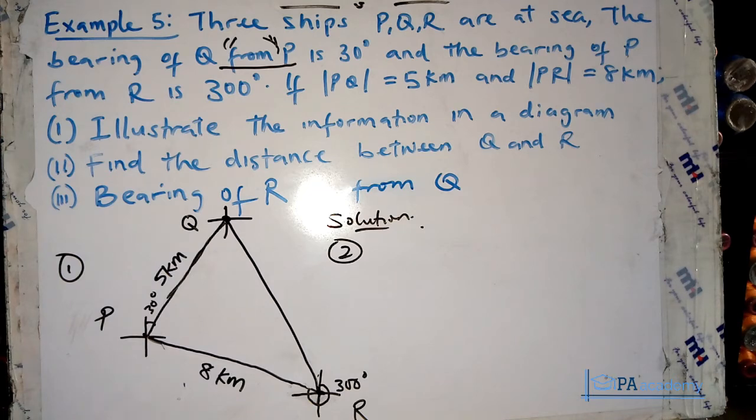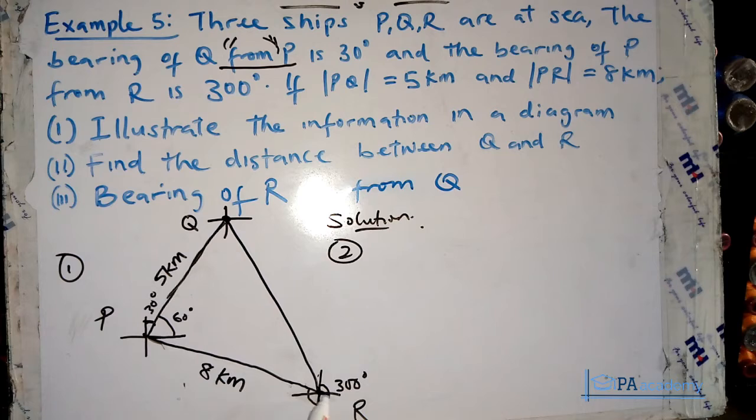Before we can do this, you can also simplify this diagram. Now if you look closely, if this angle here is 30, that means this one here will be 60 degrees.